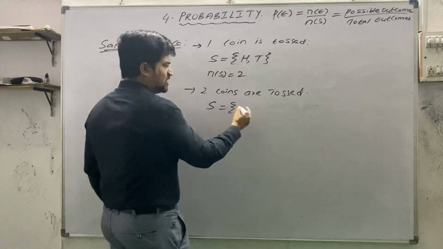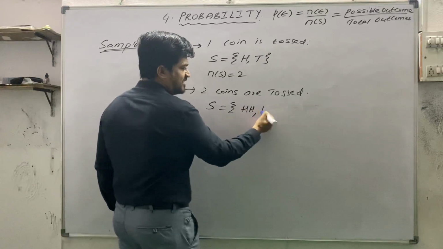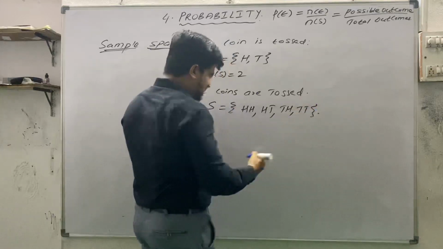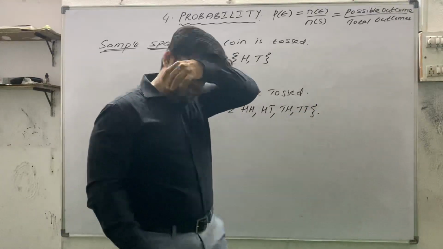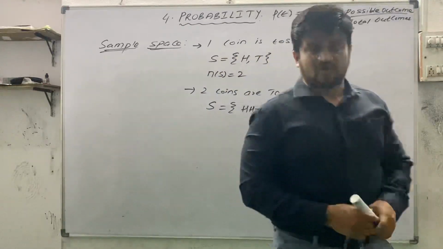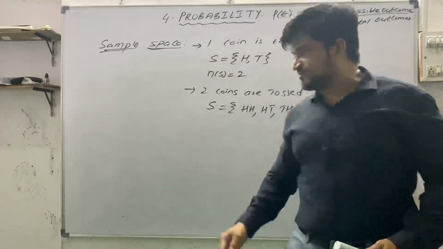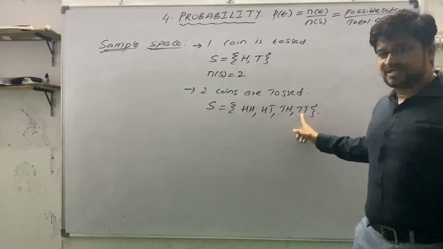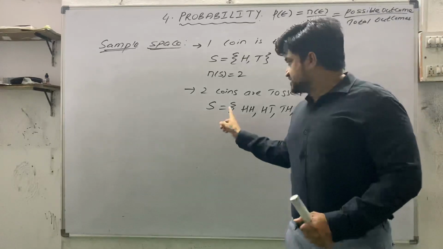You can remember, when 2 coins are tossed: head head, head tail, tail head, and tail tail. Any other case? Suppose if I am tossing a coin, I can get tail and head. Check whether it is there or not. It is there. I can get both tails. Again it is there. I can get both heads.